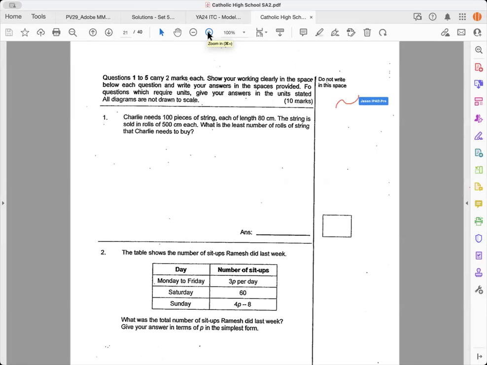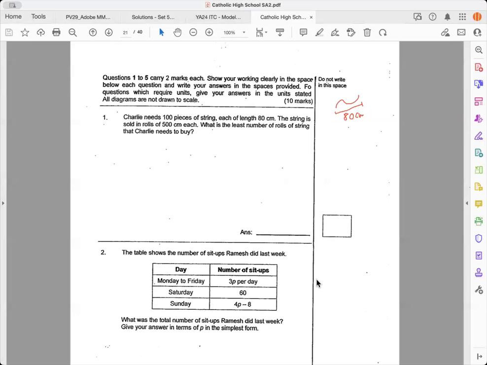Each of these strings has a length of, say, 80 centimeter. And he needs 100 pieces of these strings. Now the string is sold in rolls of 500 centimeter each. So one roll has 500 centimeter.